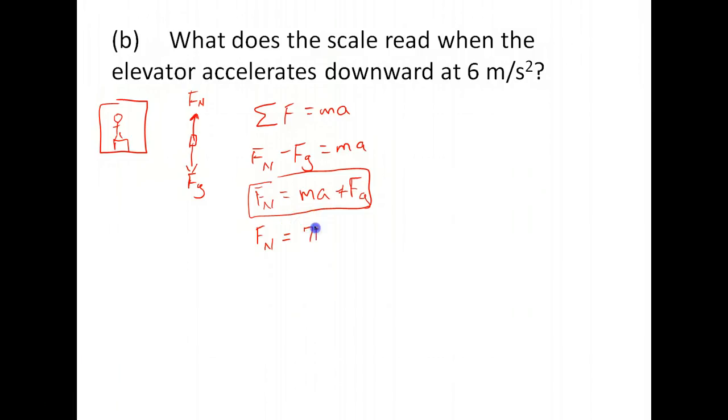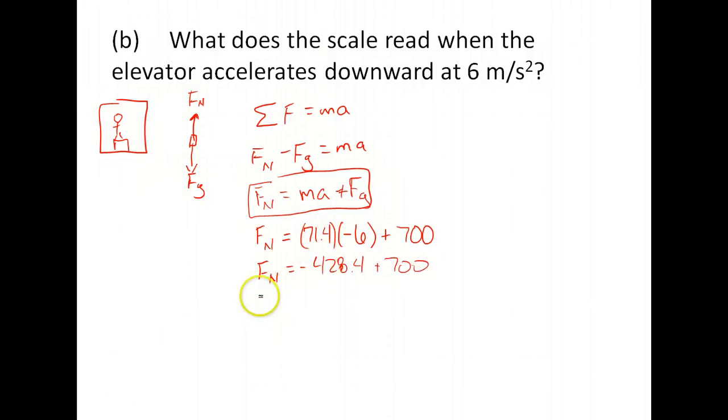Remember the mass of the person was 71.4 kilograms. The acceleration is 6, but this time it's downward, so we need to make sure to put in a -6. And then the force of gravity, or the weight of the object, was 700 newtons there, right? So now let's solve for the normal force.